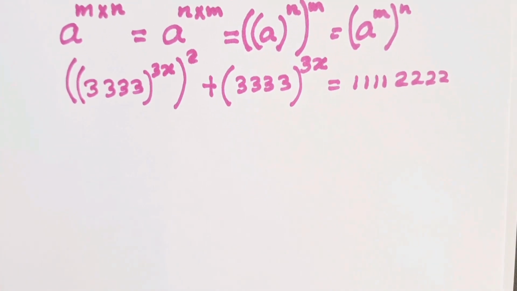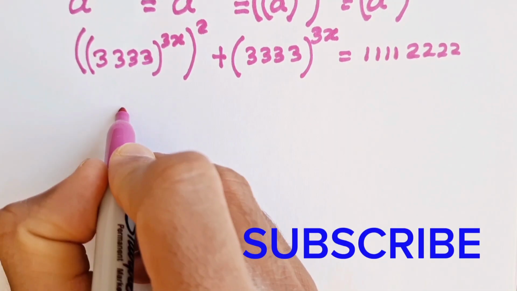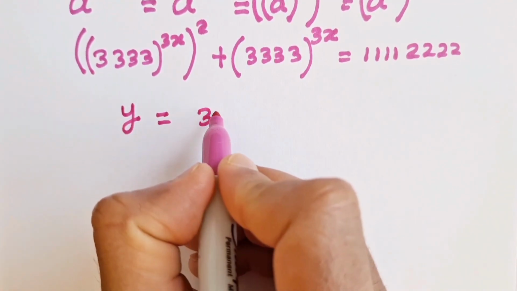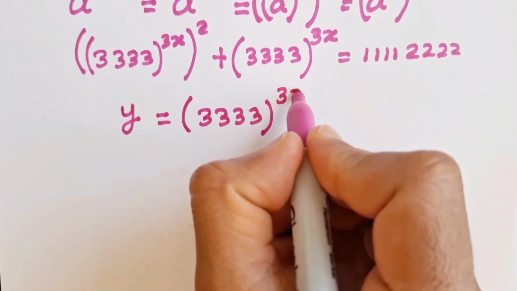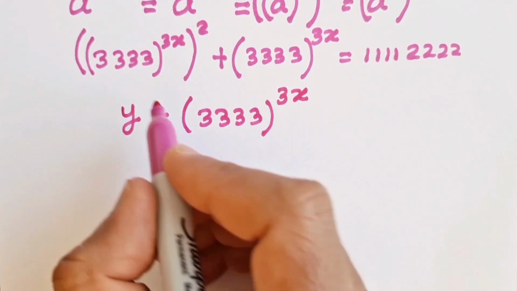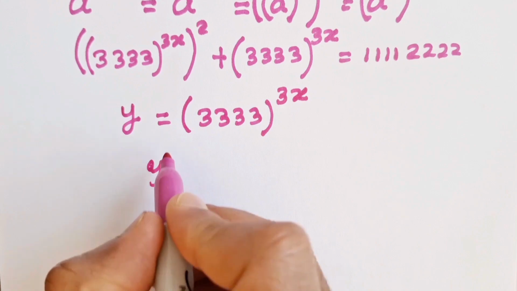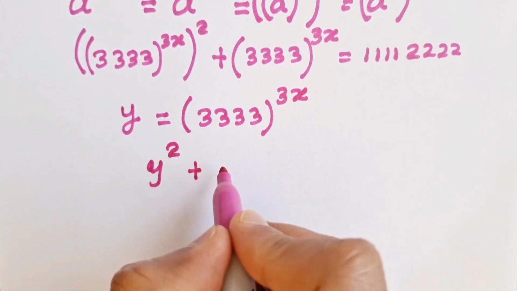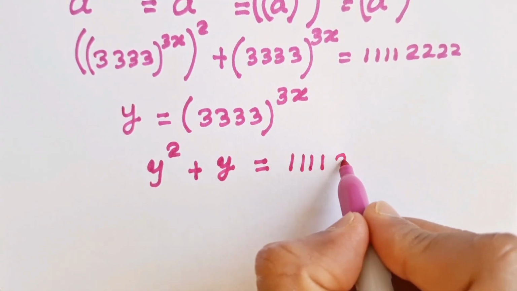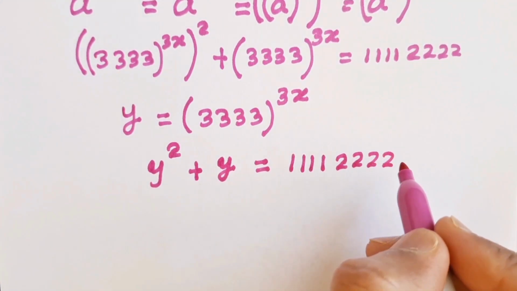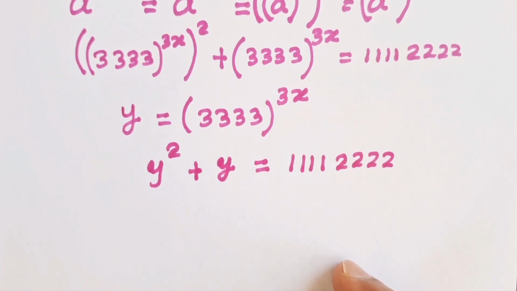I am going to take y equal to 3333 whole to the power of 3 times x. Then I can rewrite my equation as y to the power of 2 plus y is equal to this number. Now we have a quadratic equation, so we need to solve it to find the value of y. If we can find the value of y, then we can find the value of x.